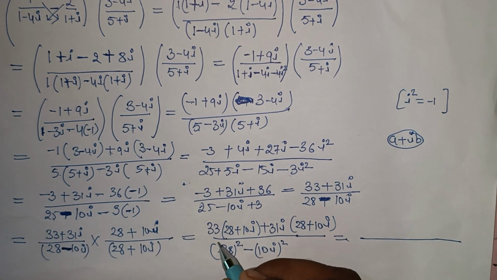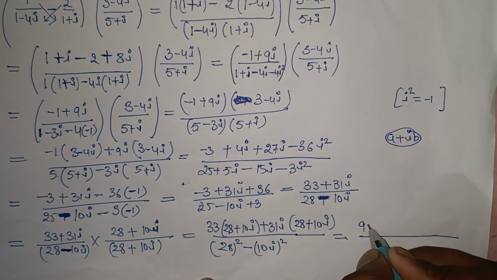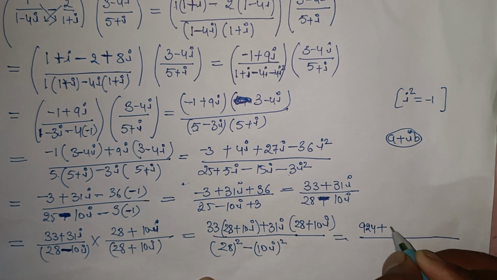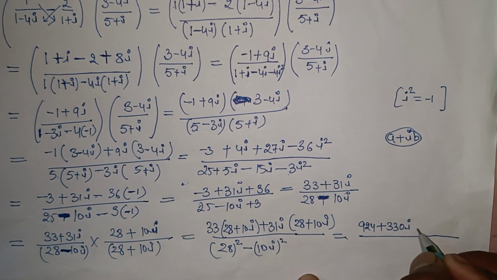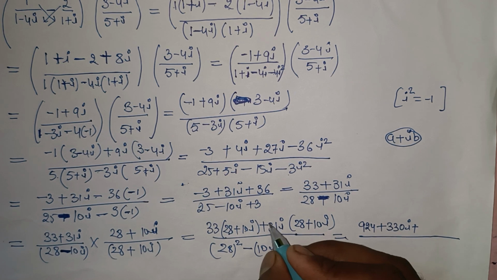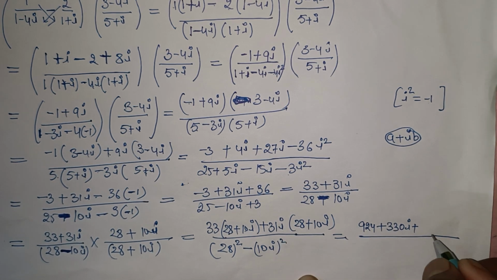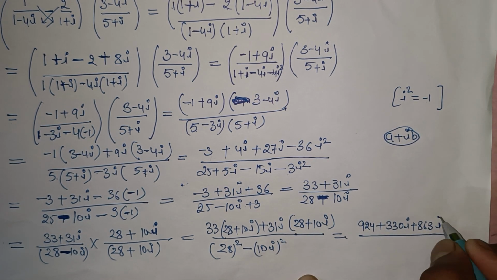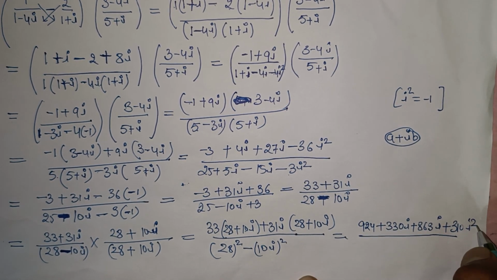So when we multiply 33 by 28, we get 924, plus 33 multiplied by 10, we get 330 iota, and plus 31 iota into 28 becomes 868 iota, plus 31 tens are 310 iota square.